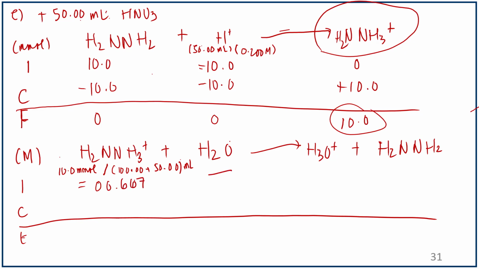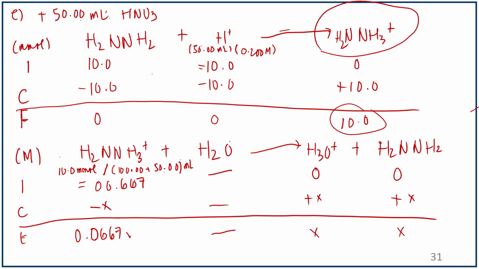Water, ignore. And then we have here for hydronium 0 and 0. Change by x, and then we also have the change by x here. So that at equilibrium this is 0.0667, and then we have here x, and we have here x.